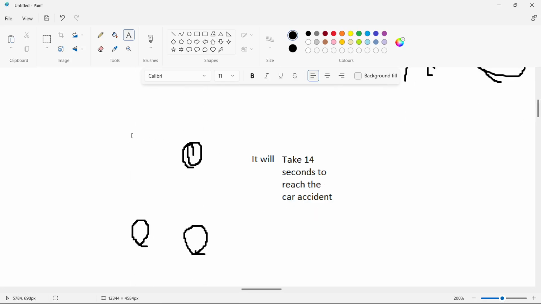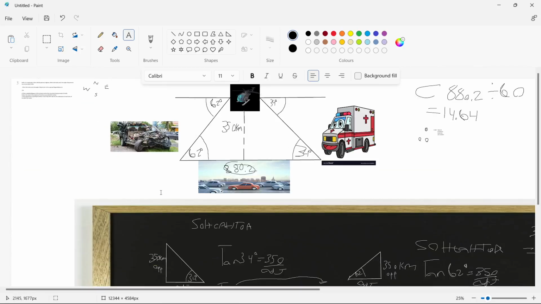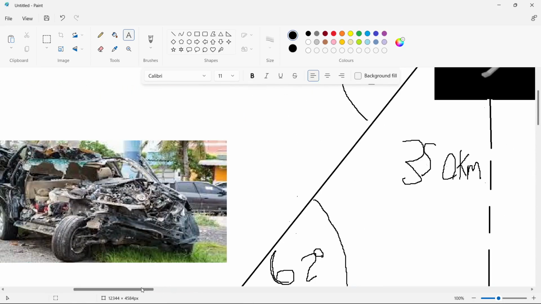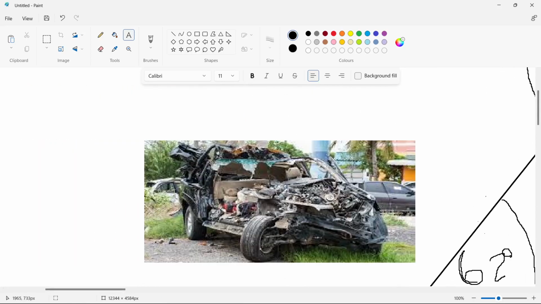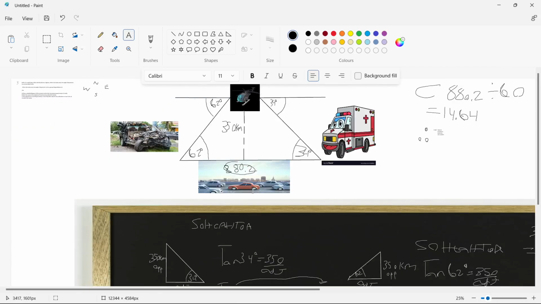Cool. Alright, this is basically done. If you want to know something, the guy in this car crash actually survived this. I don't know how, but oh, now I know how. But yeah, all right, that's it.